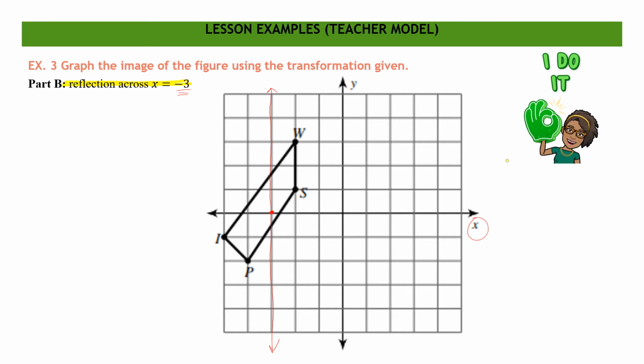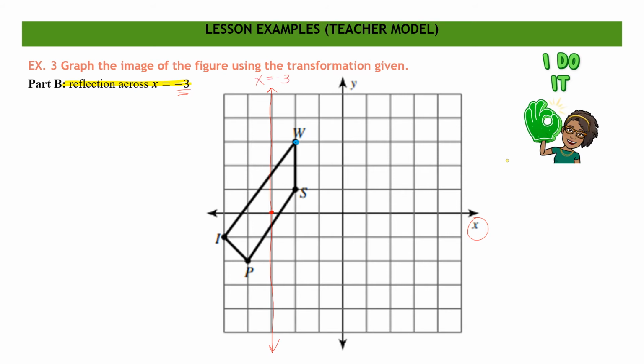Well, no. The definition of reflection still holds to be true. Any point in my pre-image is going to be equidistant to the reflection line as the corresponding points in my image. So I have W here is 1 unit away from the reflection line, and let's label that line x equals -3.